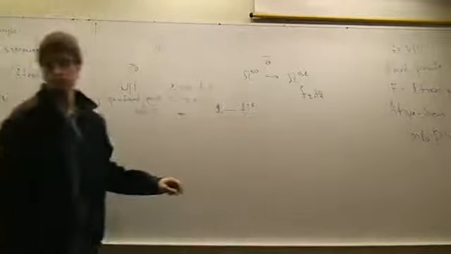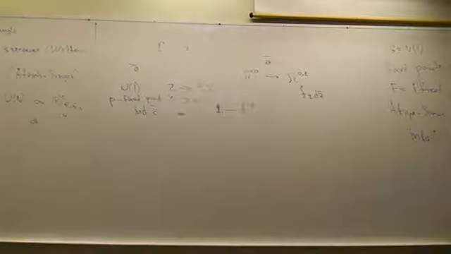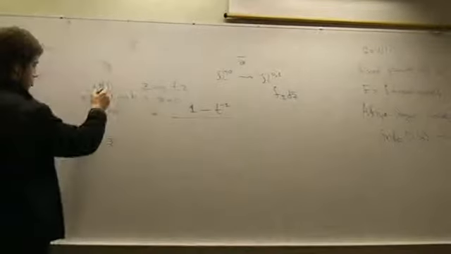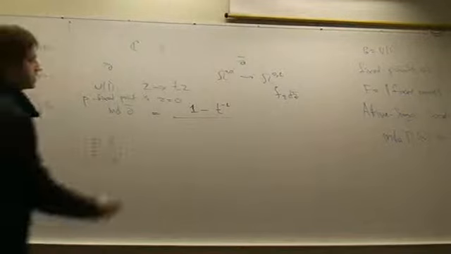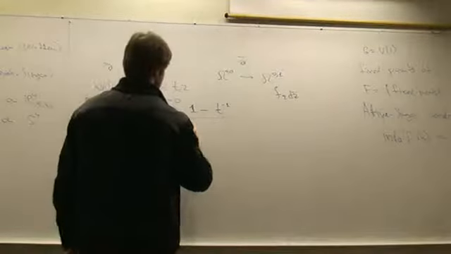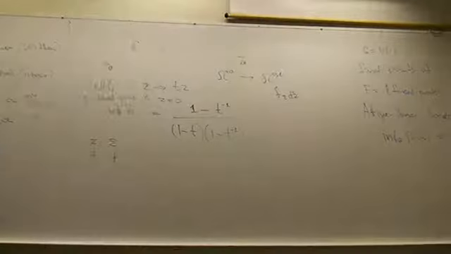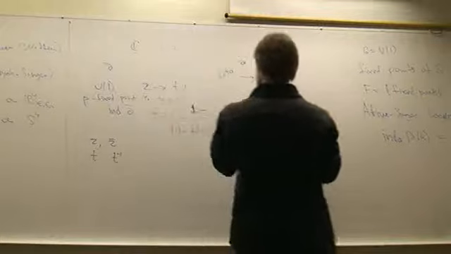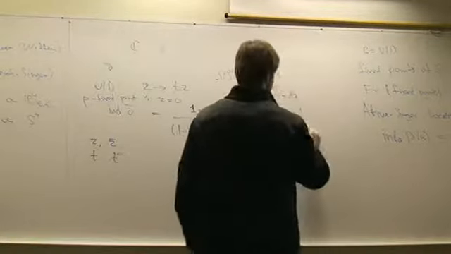That's the numerator, squared, and the denominator is the determinant of 1 minus the representation of the tangent space. The tangent space is z and z bar, with the weight t on z and the weight t to the minus 1 on z bar. So what we get here is 1 minus t, 1 minus t to the minus 1. Happily, the formula simplifies greatly. You cancel that, and we get 1 over 1 minus t.